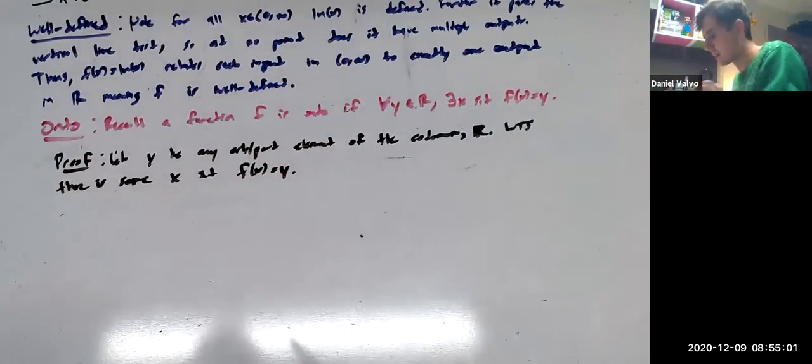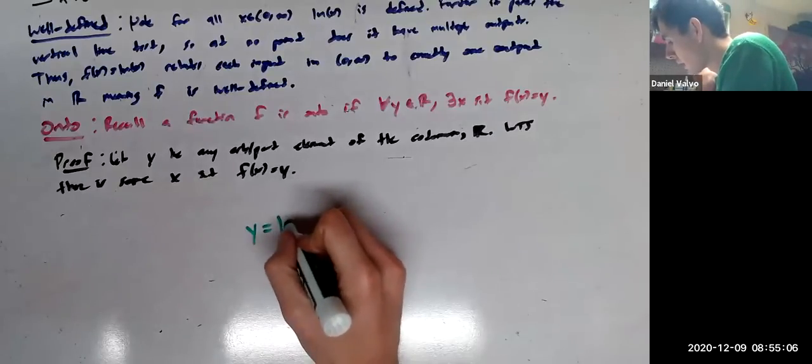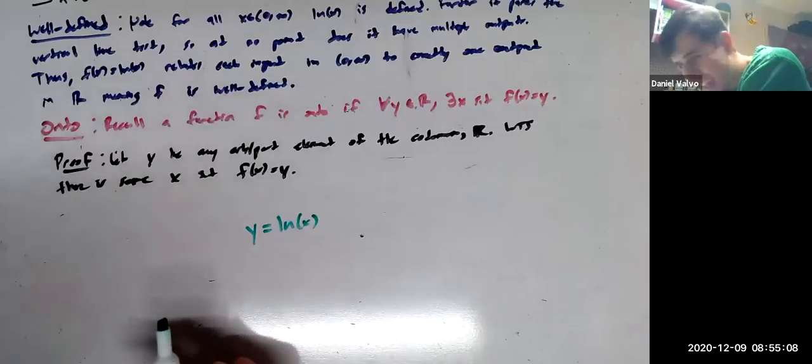So f of x equals ln of x, and what we're trying to show is that for any y, there's some x such that y equals the ln of x.